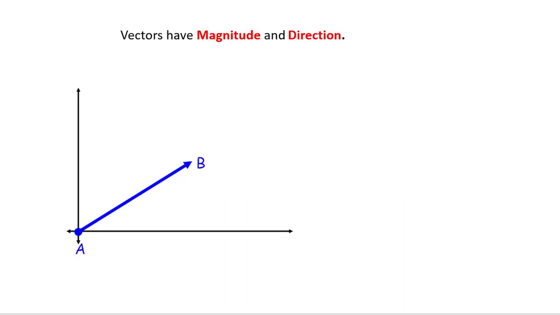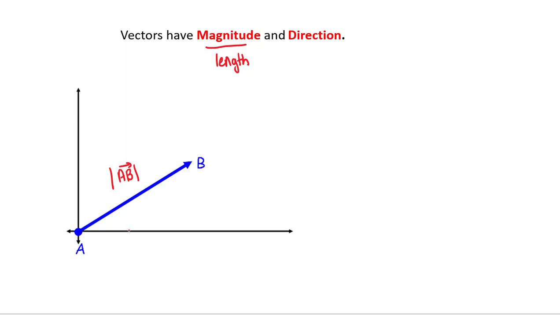Vectors have a magnitude and direction. I used to teach with something that said that vectors are kind of like rays. They have a magnitude, which is a specific length, and we write that with bars around it: magnitude of vector AB.